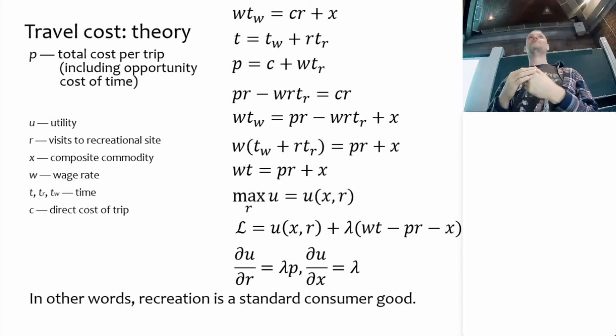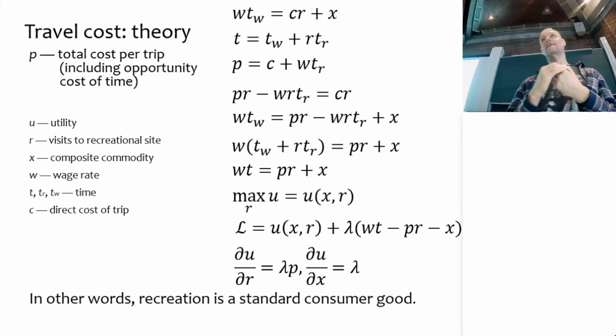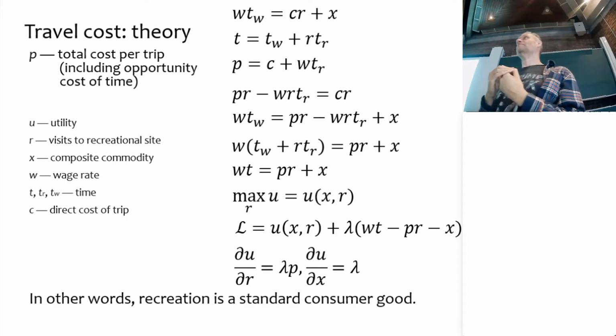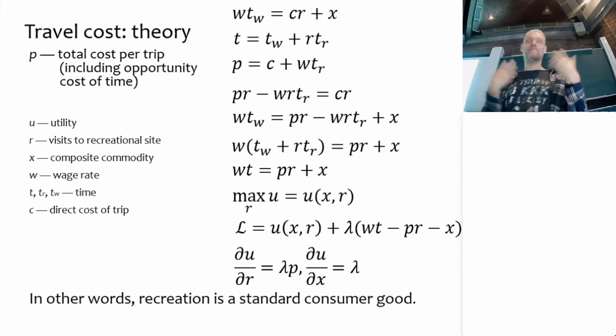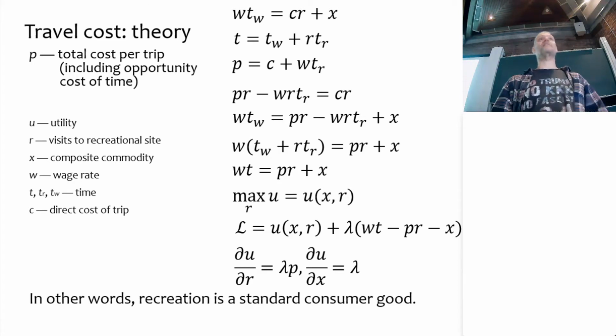Recreation becomes a standard consumer good, right? And the key assumption here is that time is money, and that you can choose freely to work an additional minute and get paid an additional minute, right? If you're prepared to make those assumptions, then you can treat recreation as a standard consumer good.